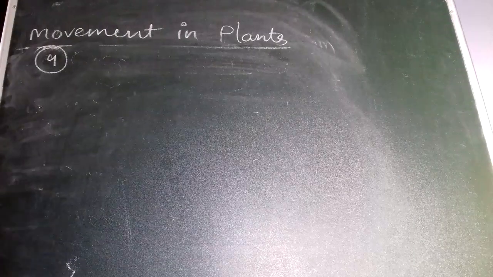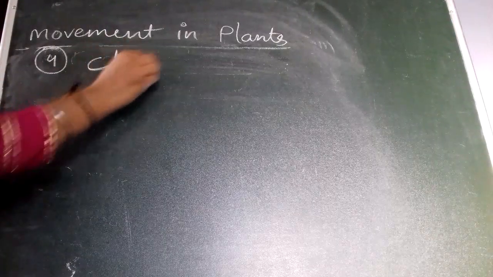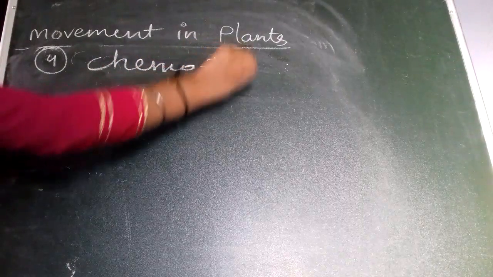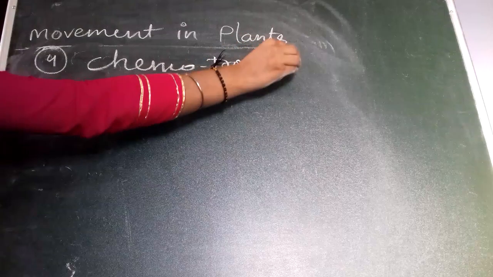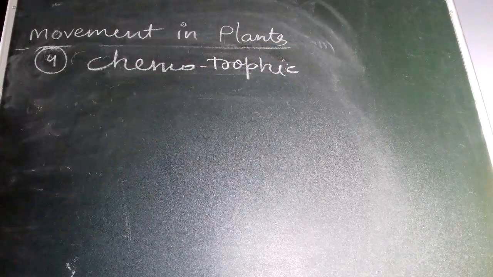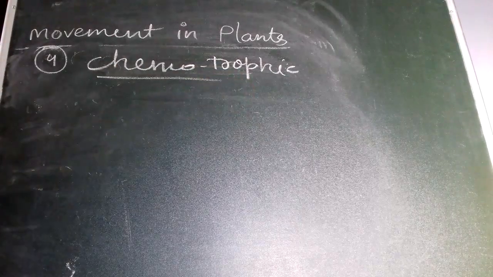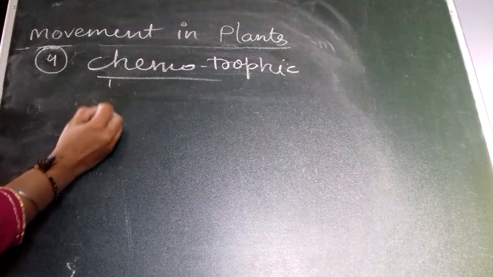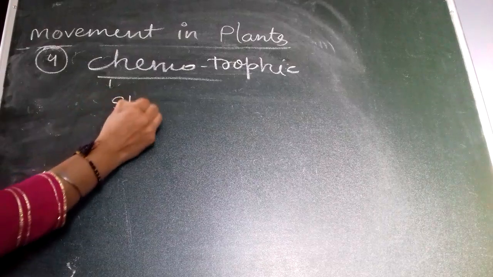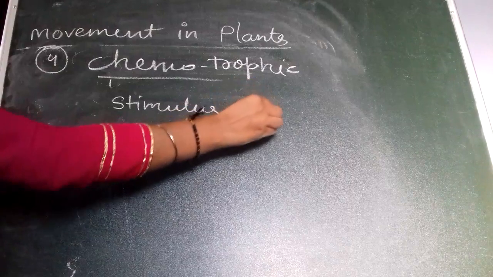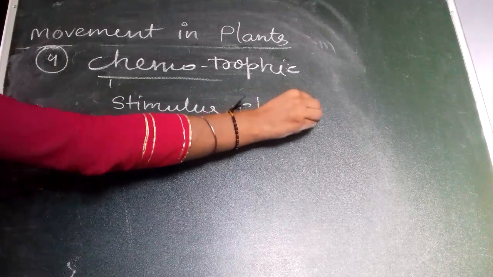So the fourth type of trophic movement is chemotrophic movement. What is chemotrophic movement, or chemotrophism? Chemotrophism is a directional movement shown by the plant if the stimulus is chemical.